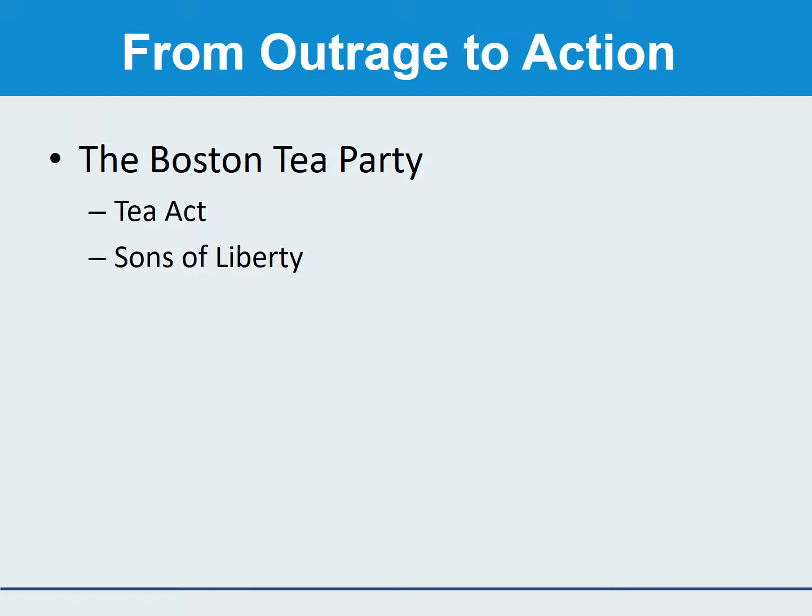So this night in December of 1773, they dressed up like Indians and went into Boston Harbor and threw 342 chests of tea overboard, littering the harbor and causing huge financial strain on the British East India Company. And so this, of course, has become known in American history as the Boston Tea Party.